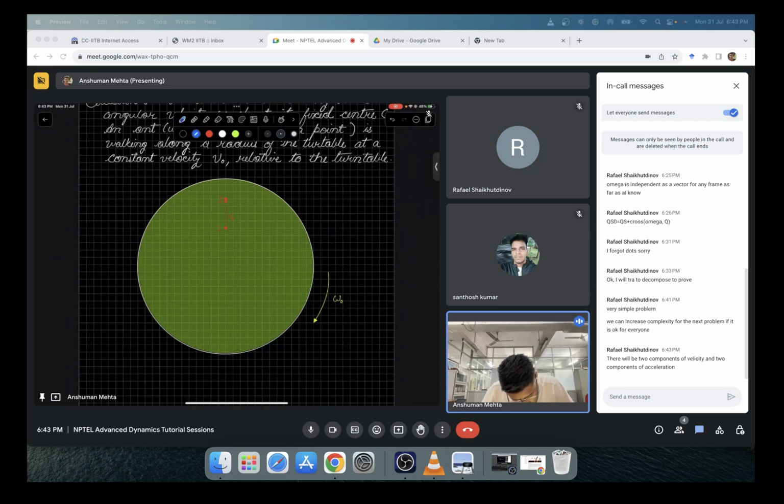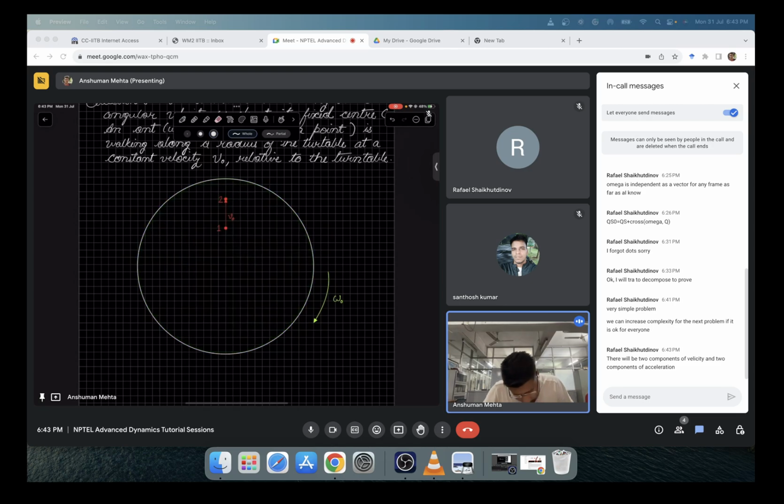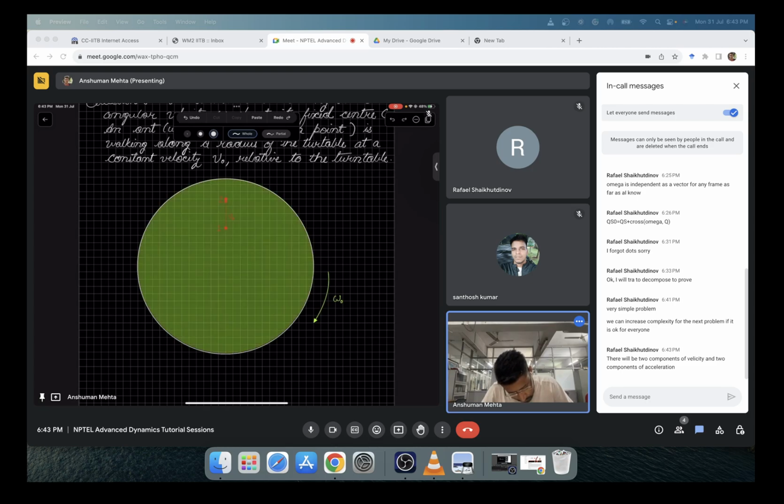One more quantity of interest is the center of the circle. Let's say this is our center of the circle.